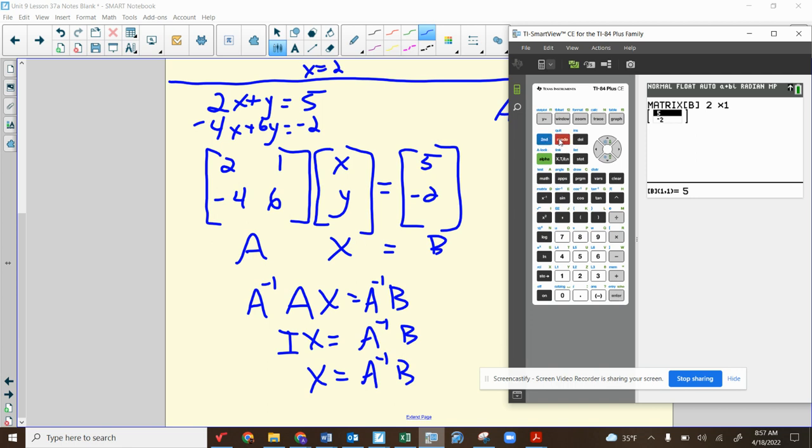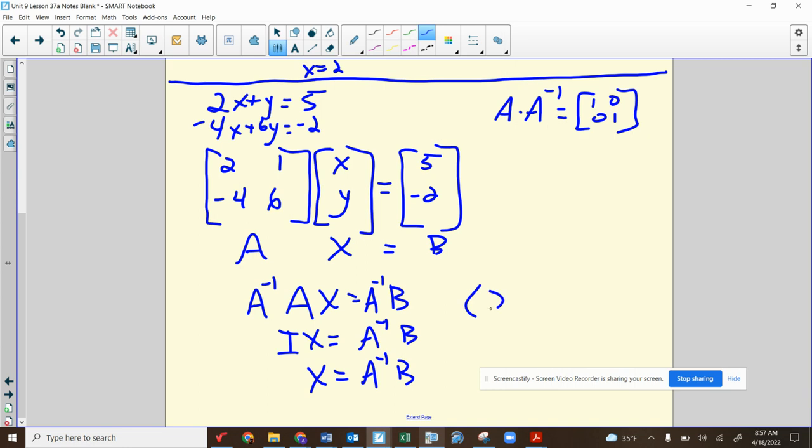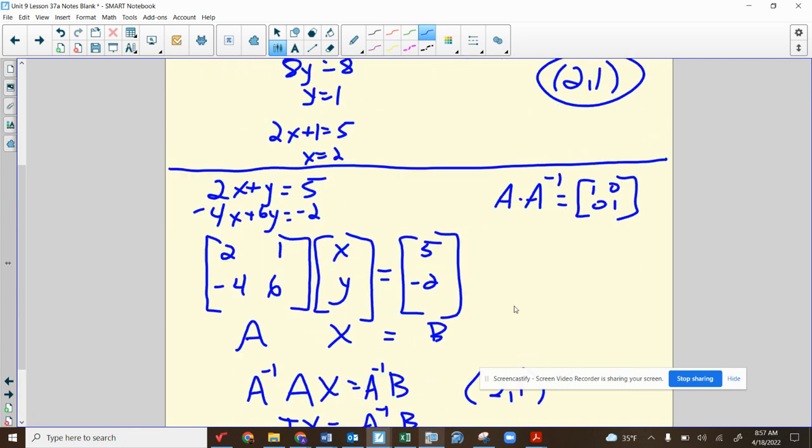Okay, quit. So now I want to do A inverse. So I go to matrix A, then hit the x to the -1 button, which will give me the inverse, times matrix B. That gives the same answer we got in the other ways when we did it by hand.